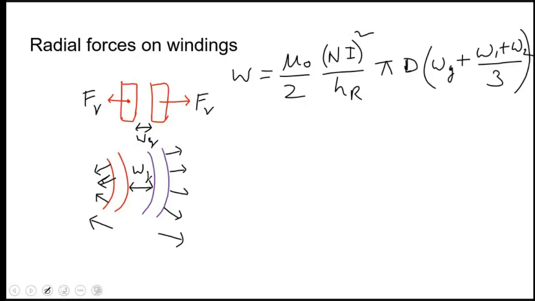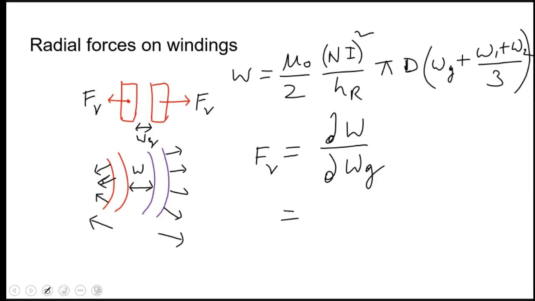So by doing so, we get the total radial force Fr magnitude as dou W by dou WG. Right? Now, if you differentiate, what will you get actually?